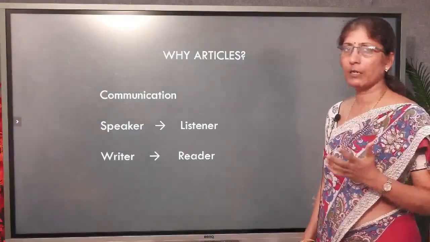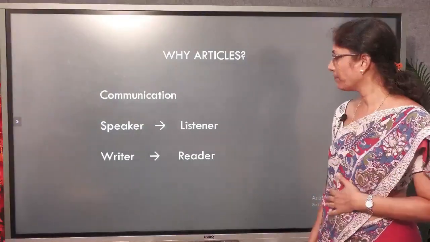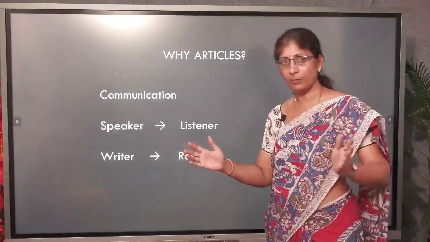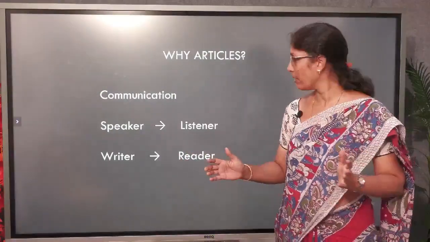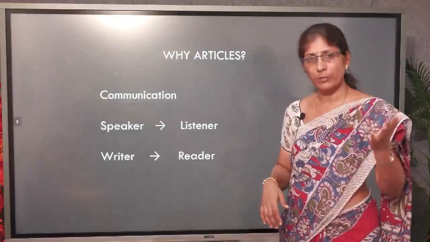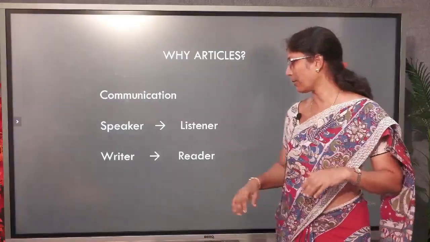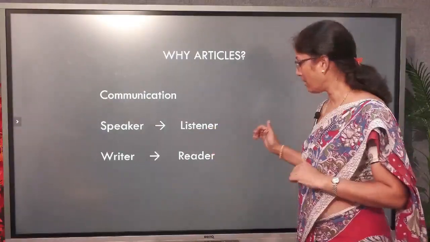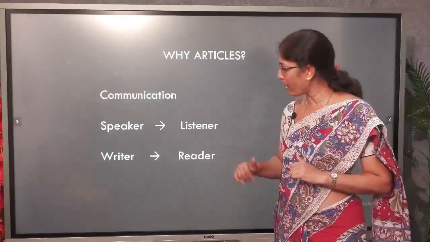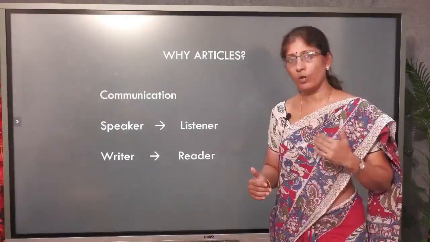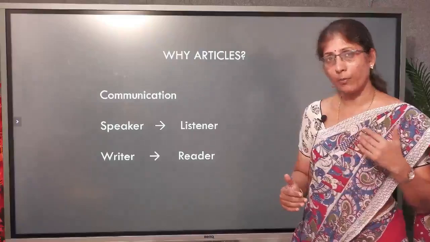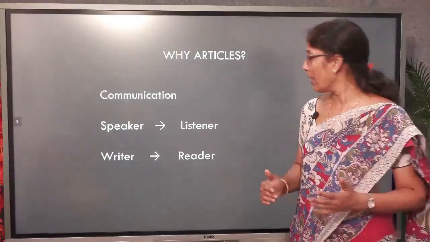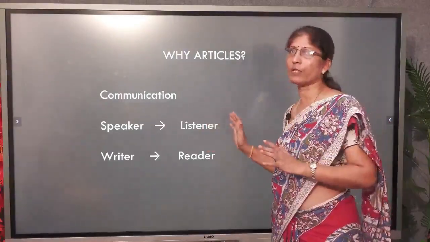See that in communication, always communication happens between two parties. There is a speaker, then there is a listener. If there is a writer, then there is a reader. So when a speaker communicates something, that should be clear for the listener.